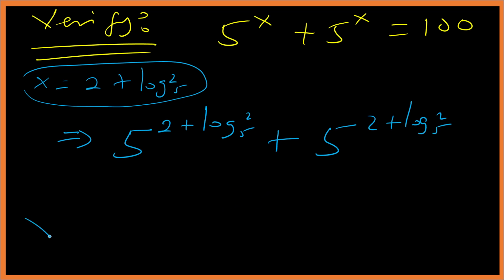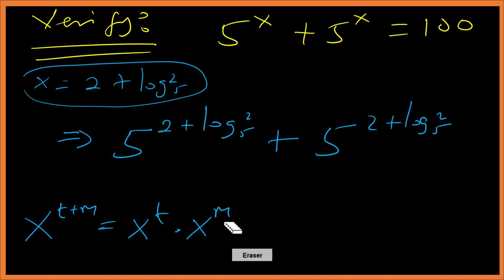Now when we're given x to the power t plus m, it's the same as x to the power t times x to the power m. So this side will be 5 raised to 2 times 5 raised to log 2 to base 5.